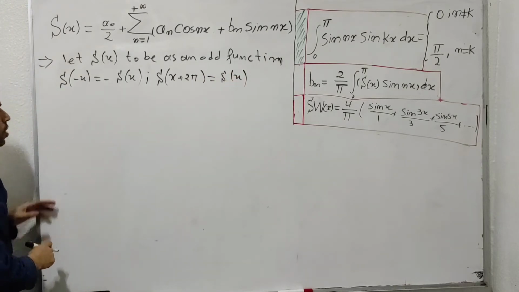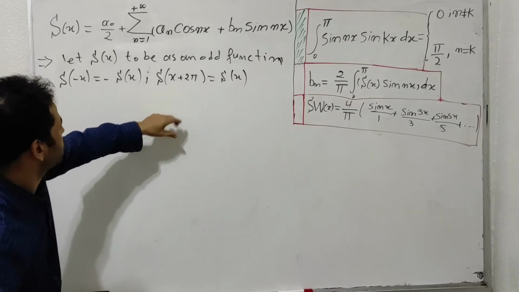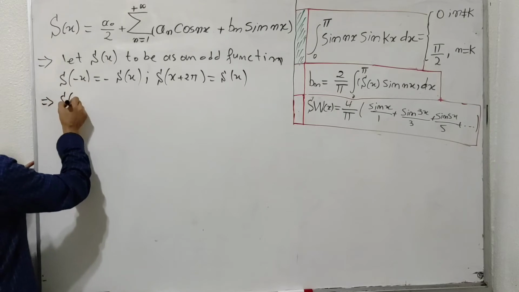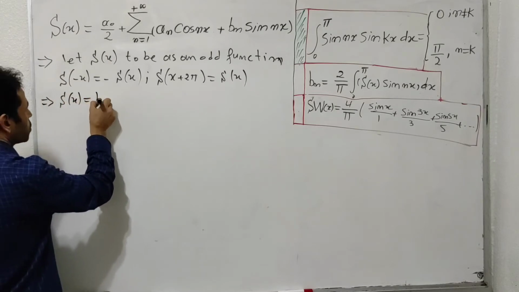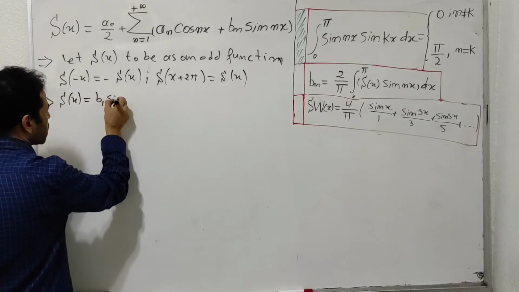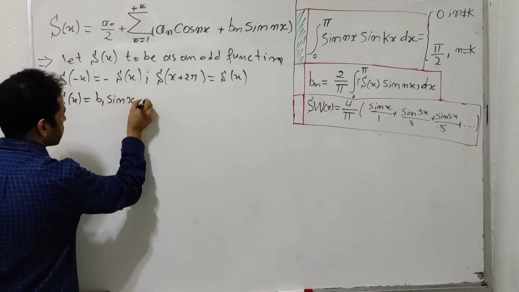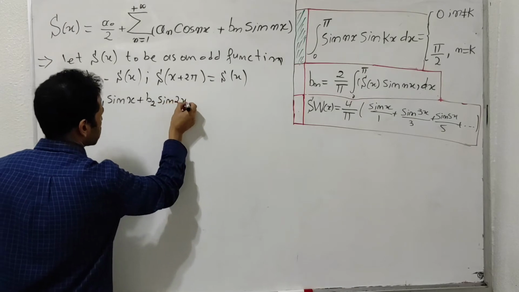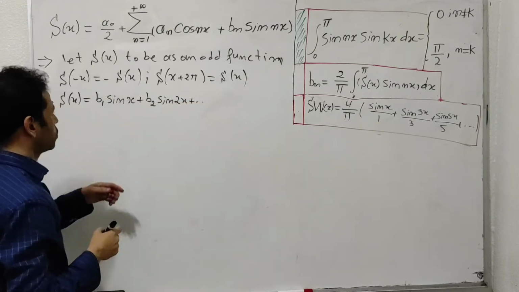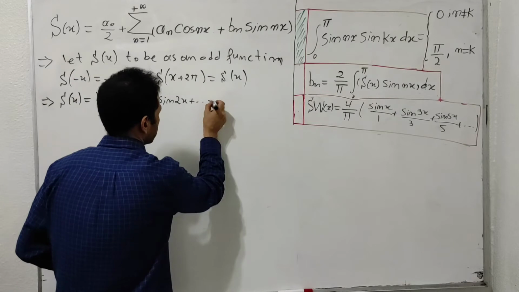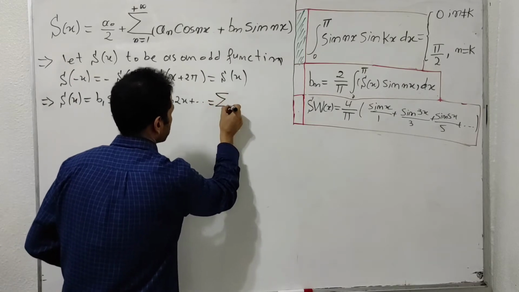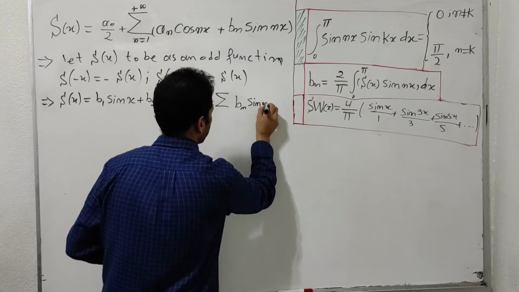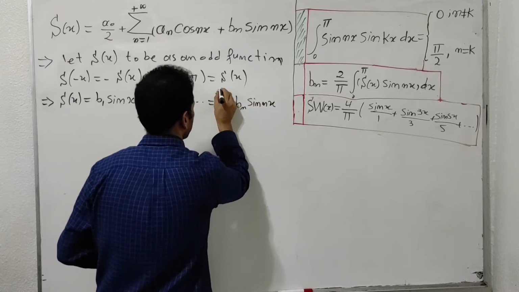I have these two conditions. I will work on both conditions, such as s of x as an odd function equal to b sub 1 multiplied by sine x plus b sub 2 multiplied by sine 2x, and so on and so forth, all the way down to infinity, equal to the sum of b sub n multiplied by sine nx as n goes from 1 to plus infinity.